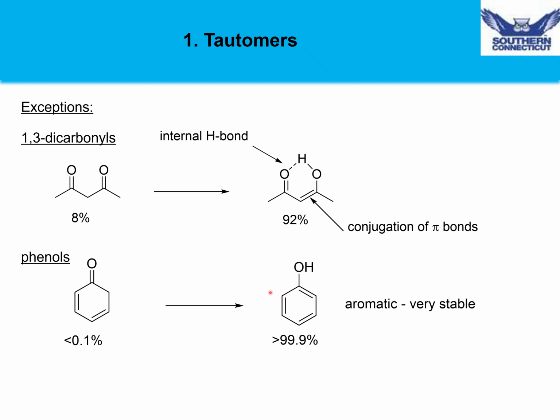We'll learn more about aromatic compounds and aromaticity and how it stabilizes compounds later in the semester. But for now, you can also think of this phenol as being conjugated as well. So that makes this enol form more stable. Over 99.9% of all molecules will be found in this enol form.